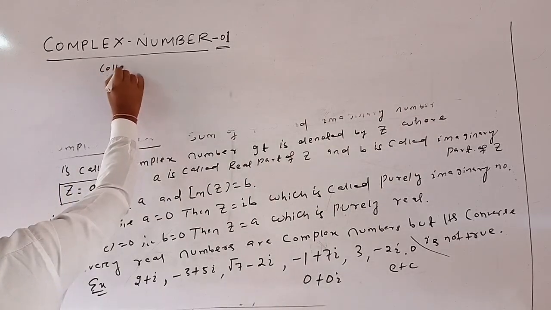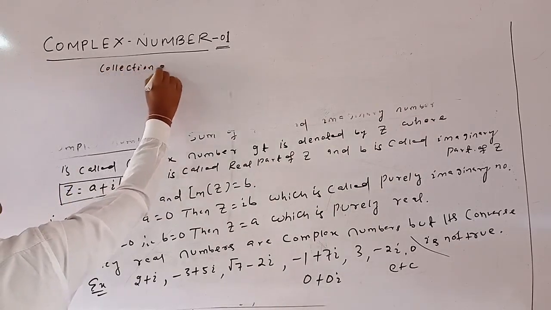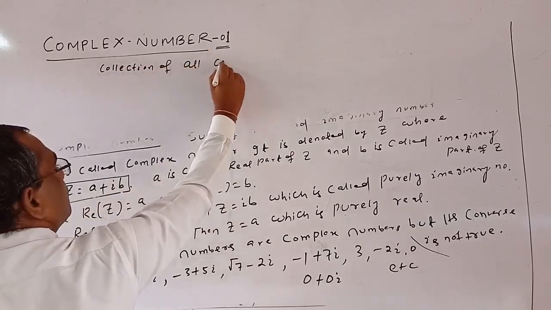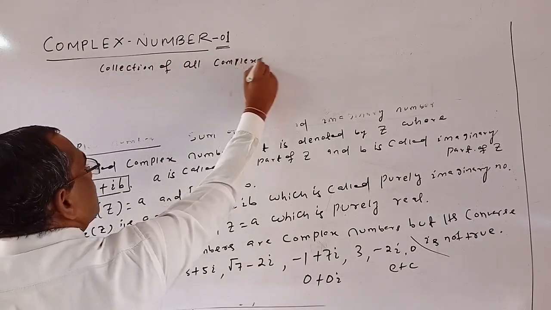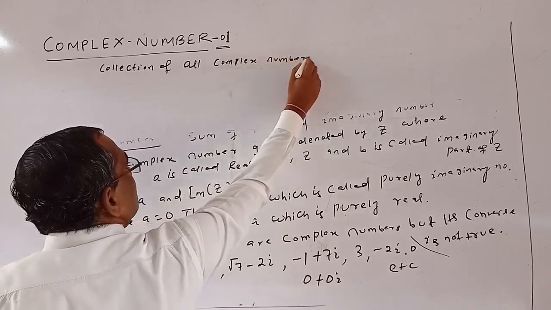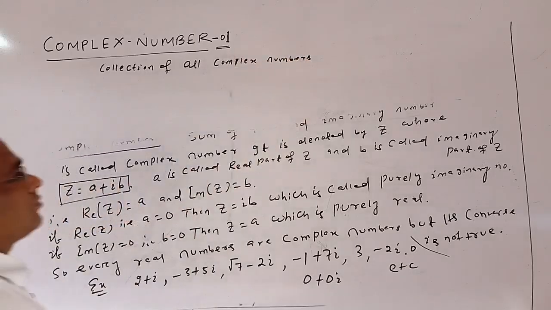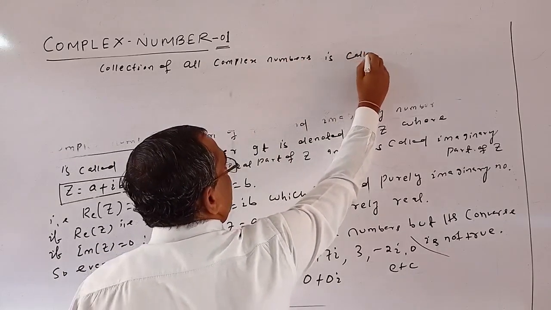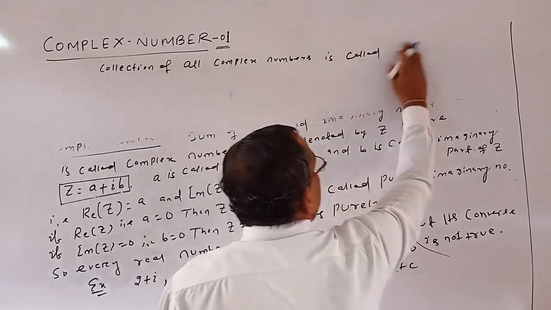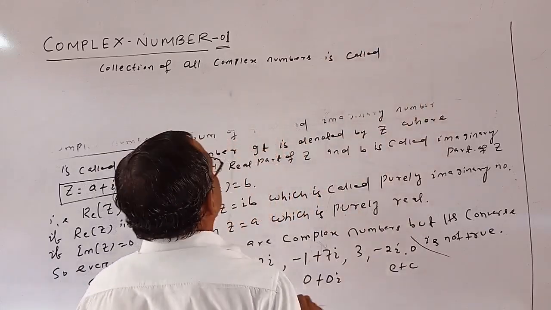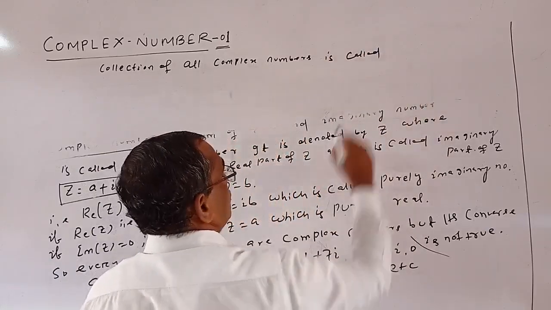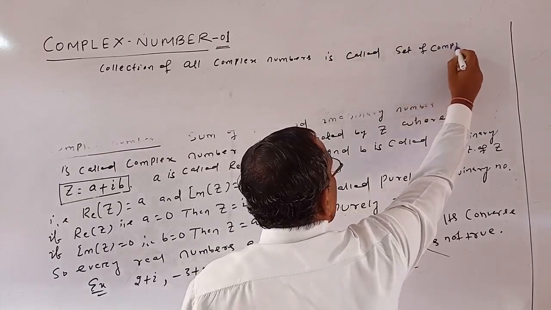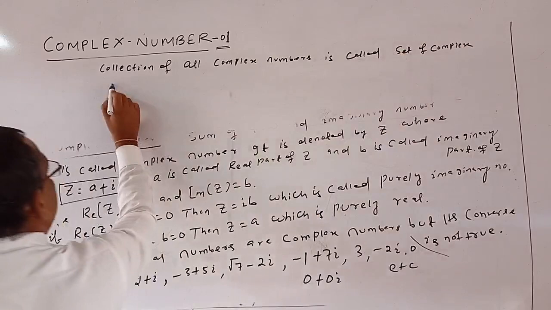Collection of all complex numbers is called the set of complex numbers.